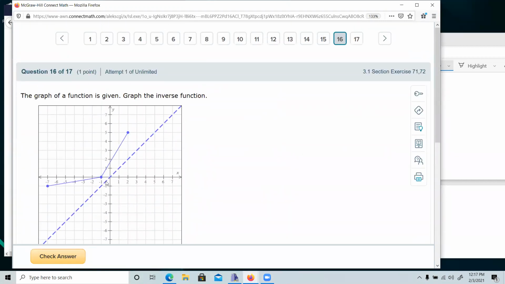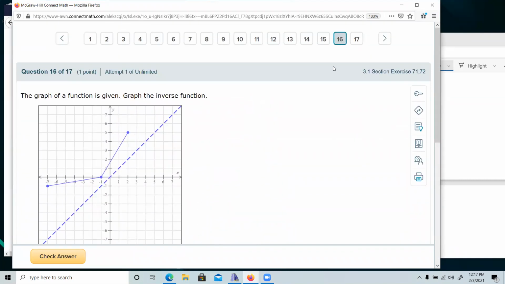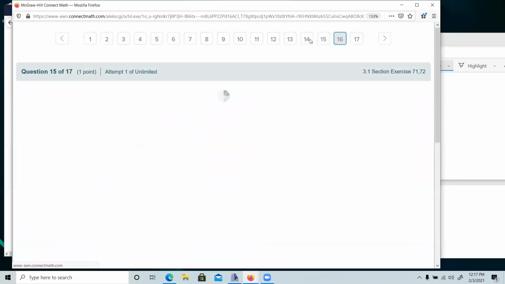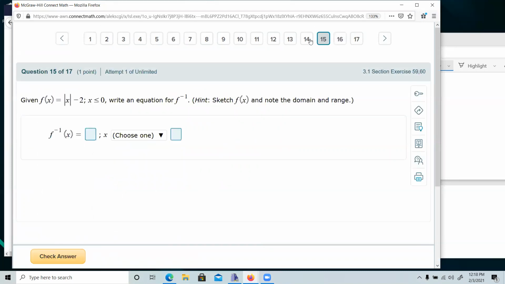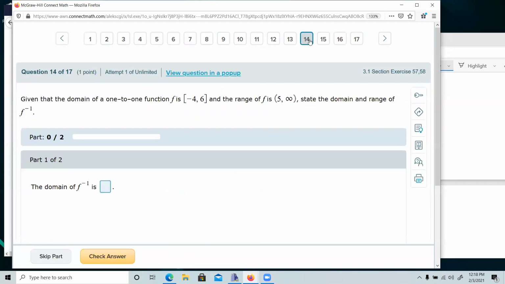So I'm just going to let it go. If you know that this is how it works and you try to get it on the other side, then I'm happy. All right.